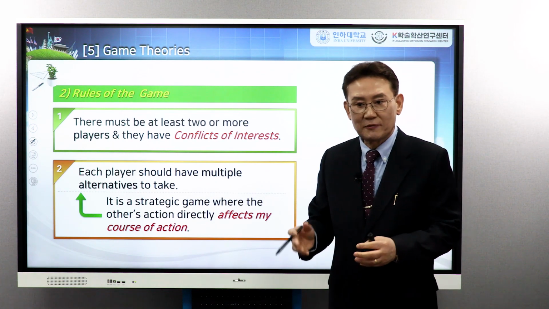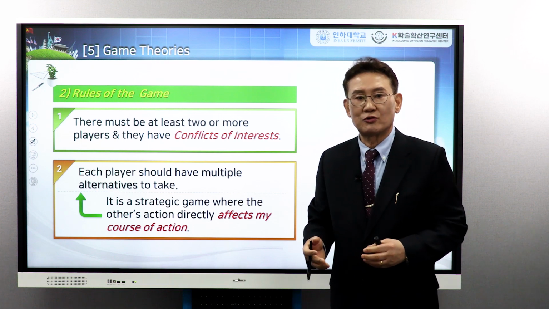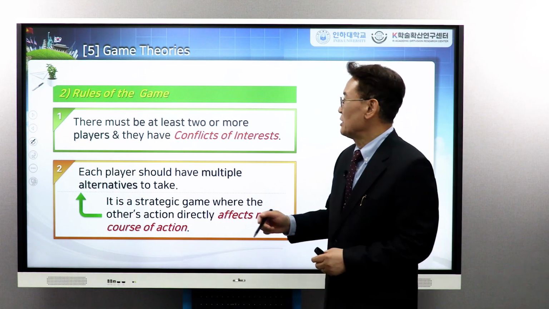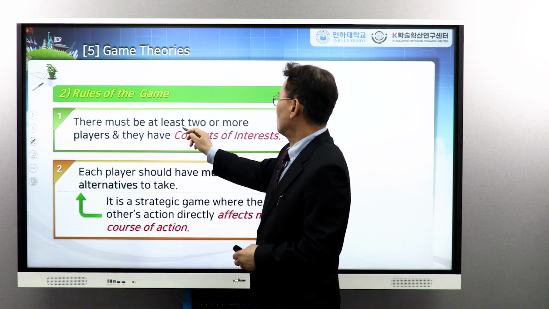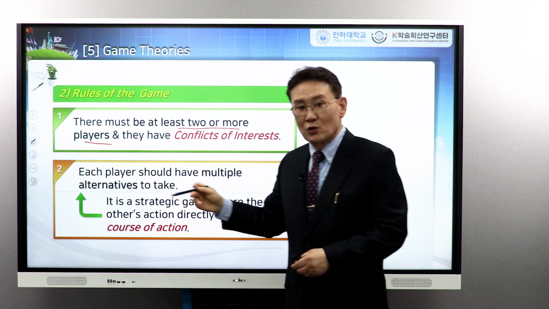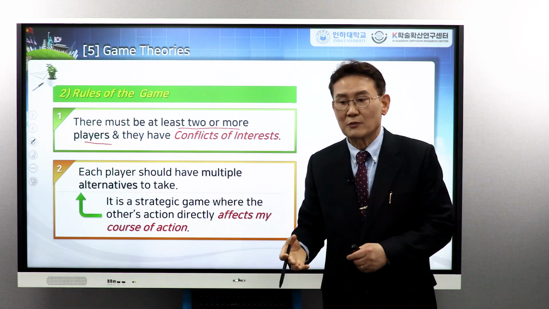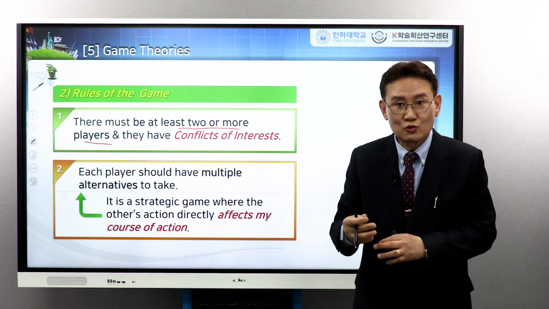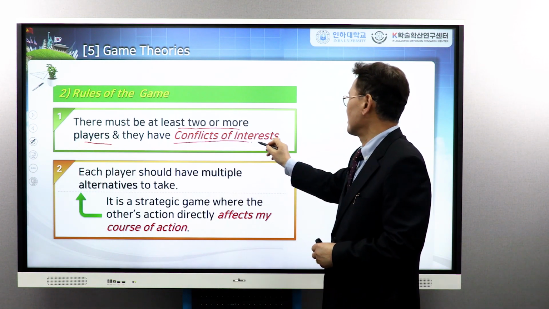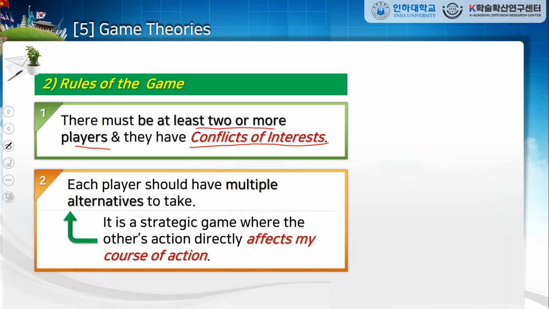And there are some rules of the game, and let me introduce them one by one. The first rule is that there must be at least 2 or more players. In order to have a game, the players must be multiple, right? 2 or more players. And they have conflicts of interest. When I say conflicts of interest, it does not mean too much conflict or war or something like that.